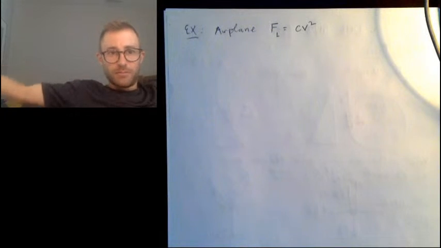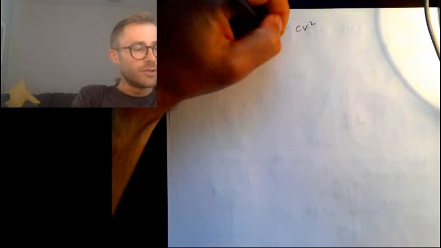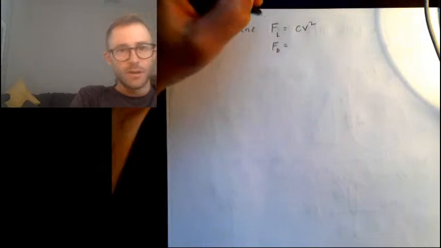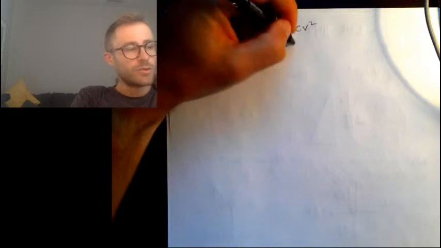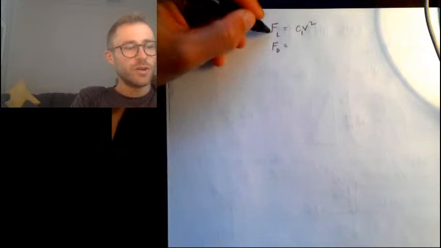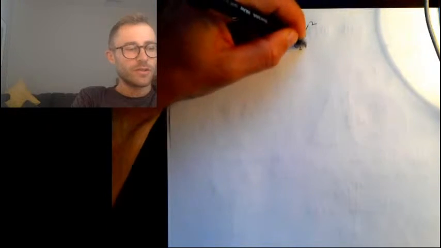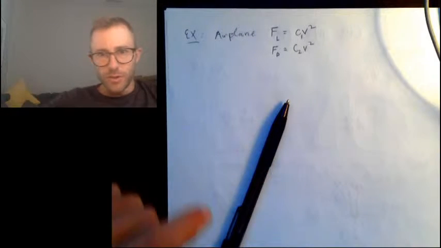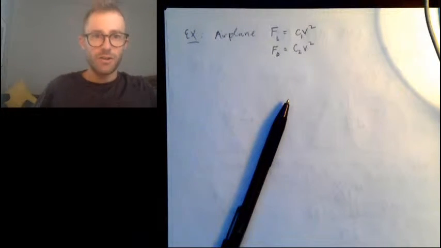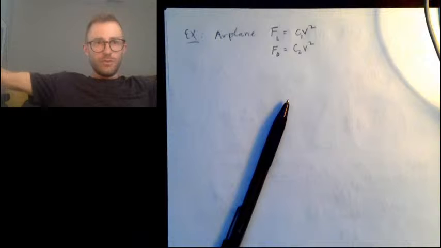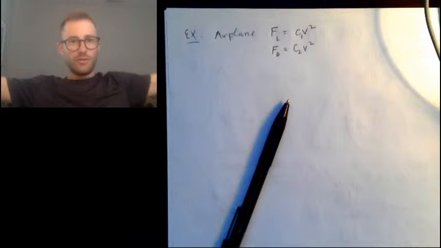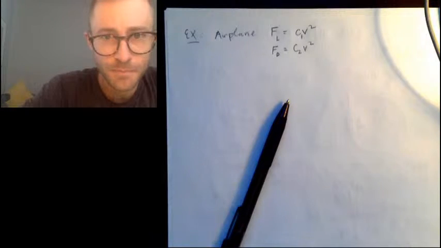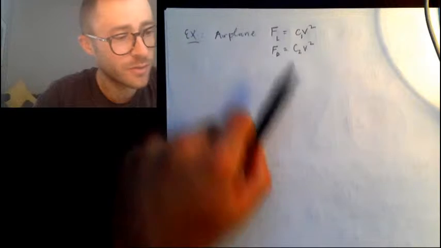adjusting the flaps. An airplane also has a drag force, which you can think about as C2, and the drag force obeys the same law but with a different constant. So basically what happens is if you want to generate more lift, you turn the flaps on the airplane, and that will increase lift.